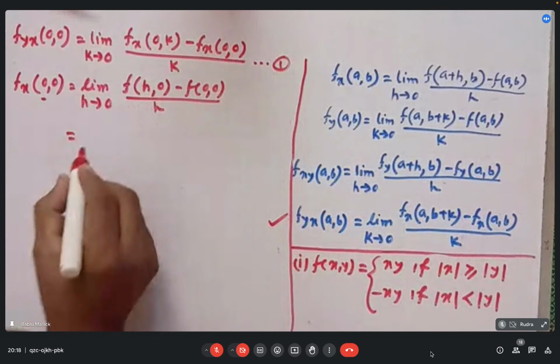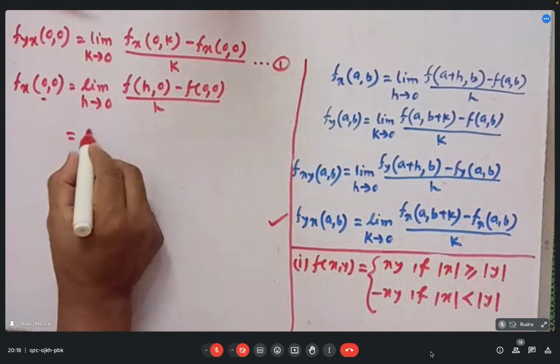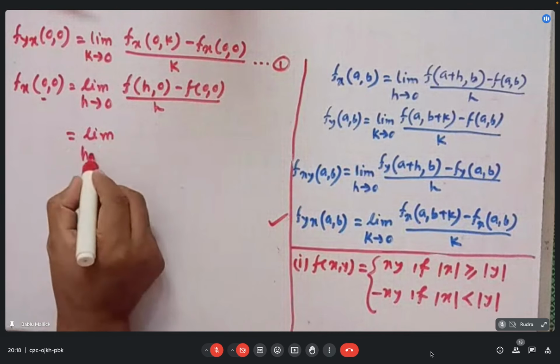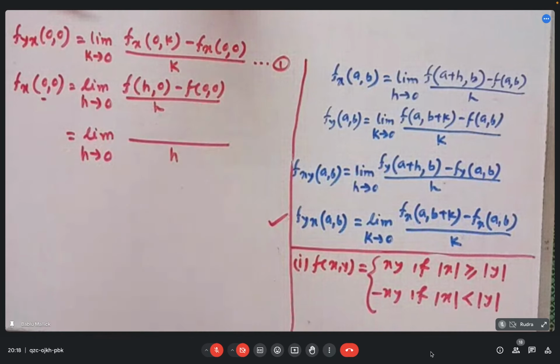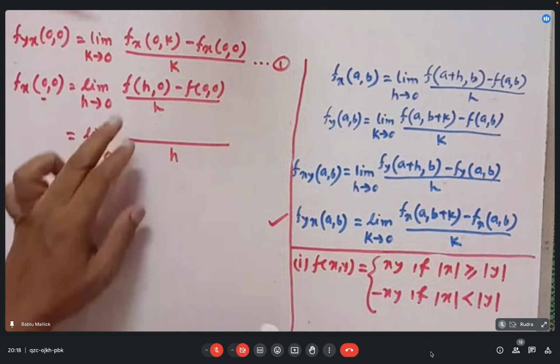So this is limit h tends to 0, denominator is h, f of h comma 0.